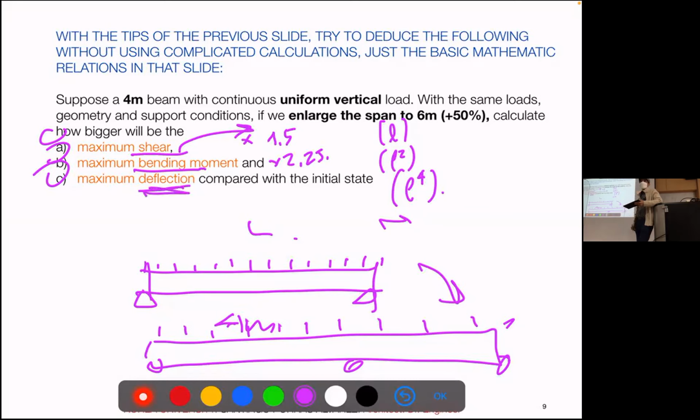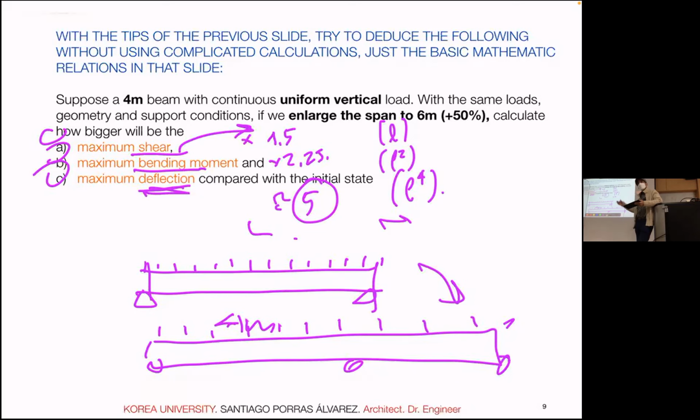Deflection is a bit trickier, but you have to go to the square of 2.25 or just do the calculation. And this will be about 5, right? Because it is like 81 divided by 16, and 16 multiplied by 5 is 80, so it's about 5, a bit more.